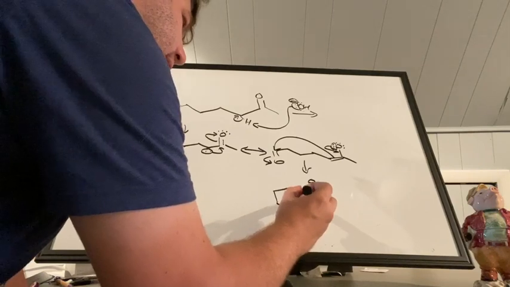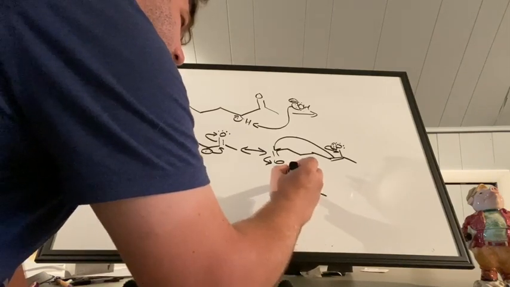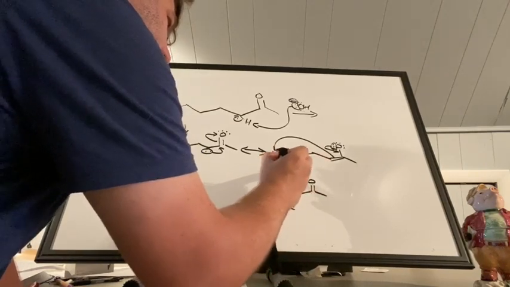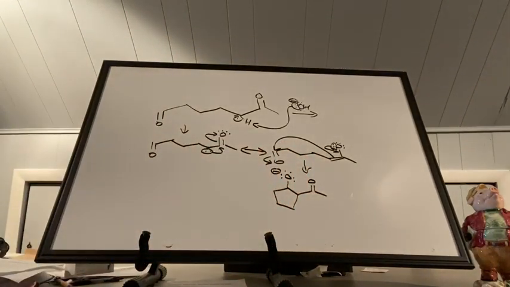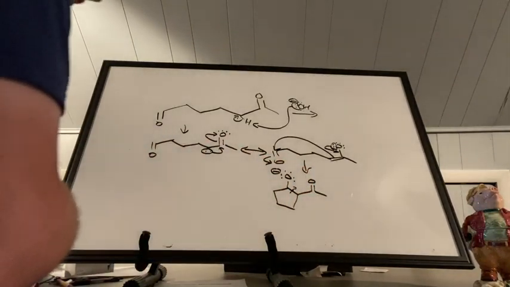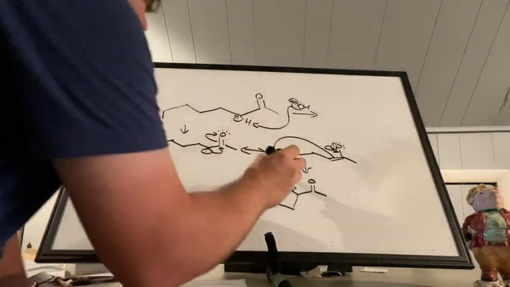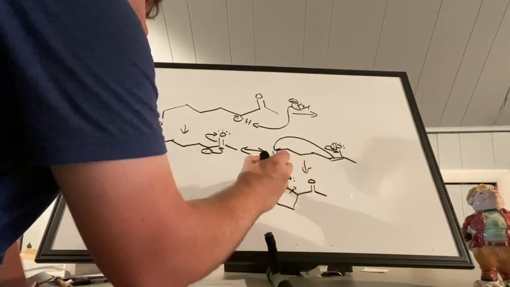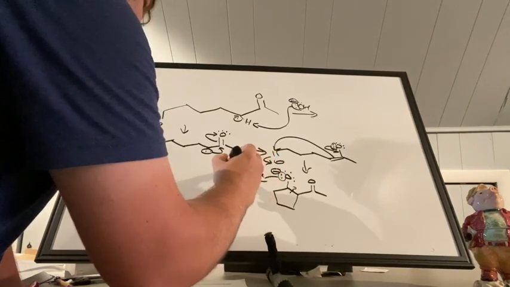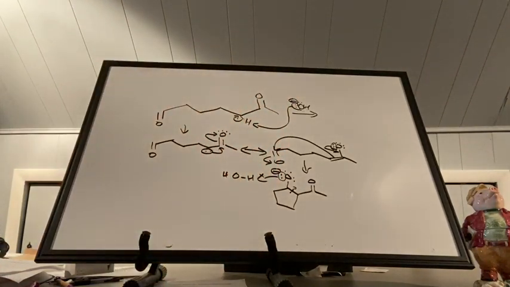And this guy right here, yeah. So that's where the negative charge winds up. Here's where the disconnection site is. Okay, so now this picks up a hydrogen or proton from water that would be generated from the first step.